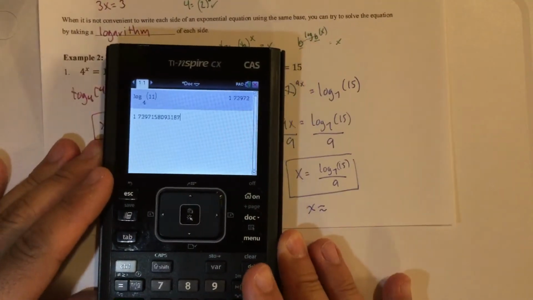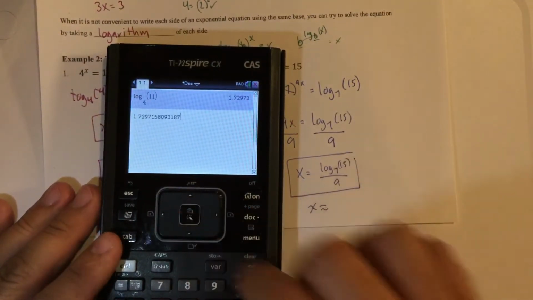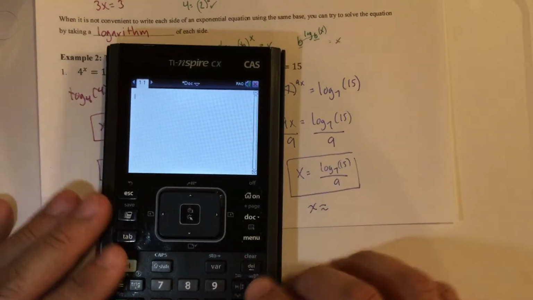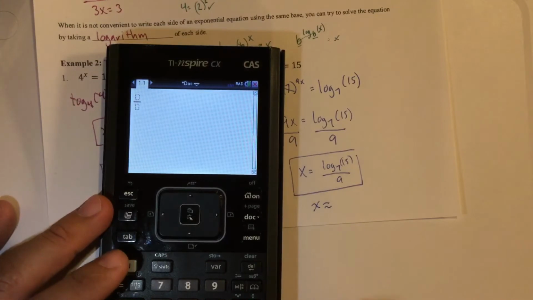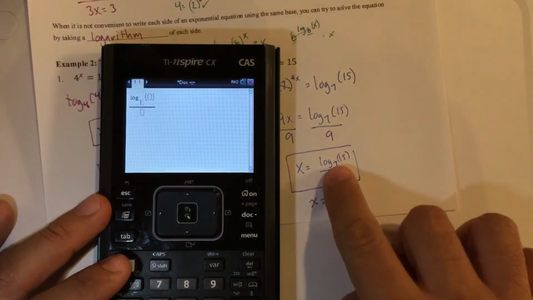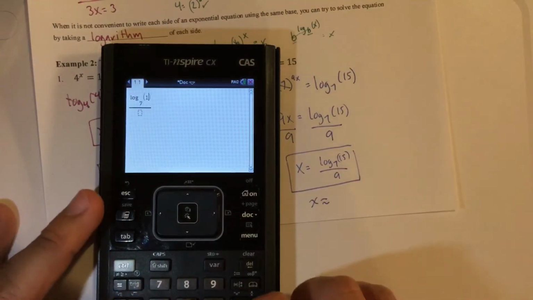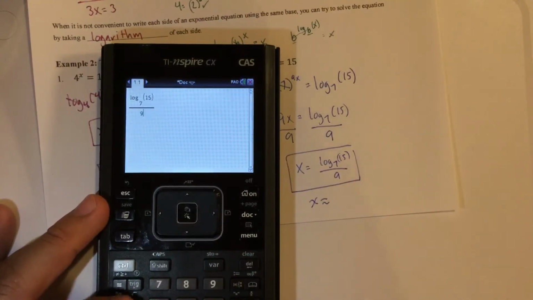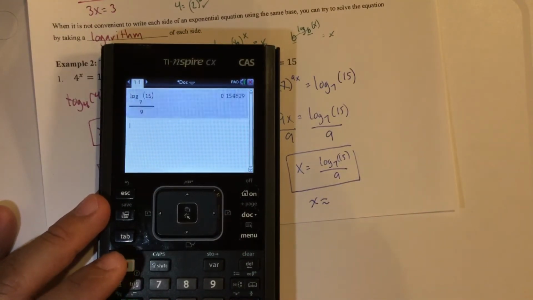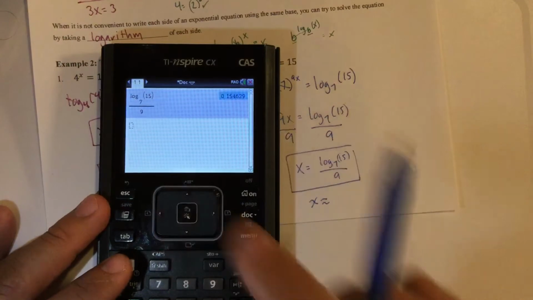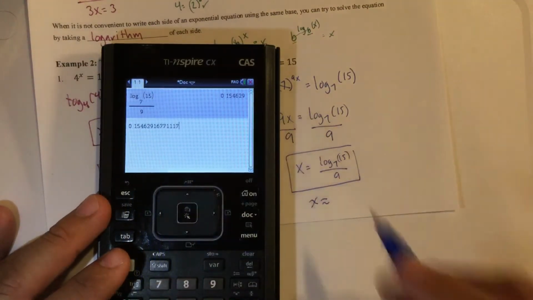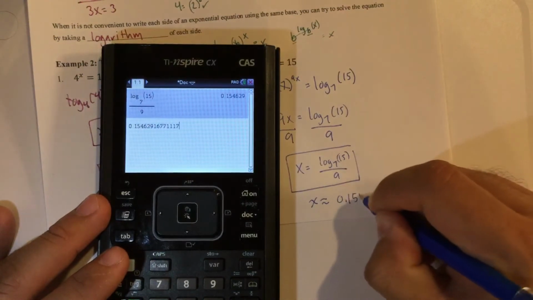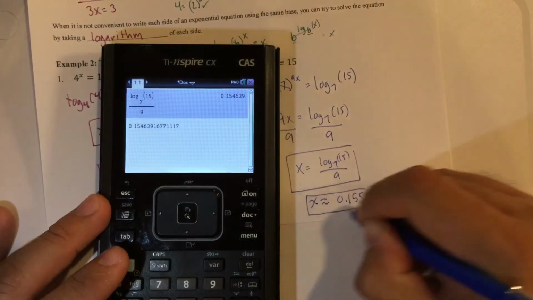We have control divide, control base 10, so my base is log base 7 of 15 divided by 9, control enter. I like to go up and just double check it, so 0.1546, so 0.155 is my approximate answer there.